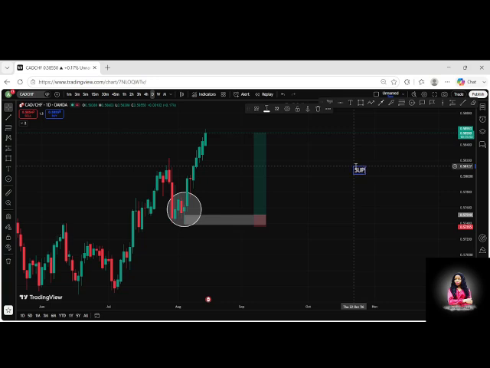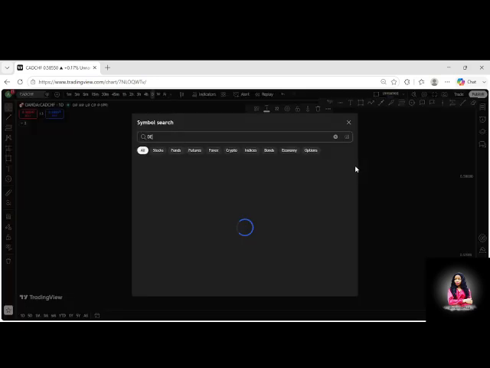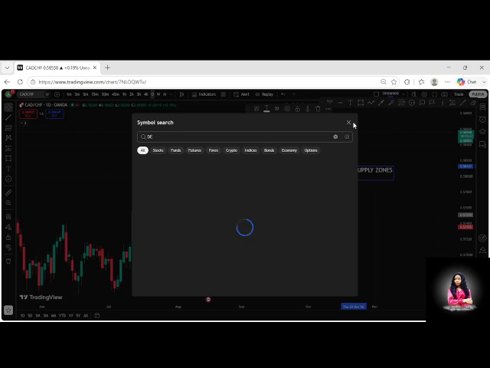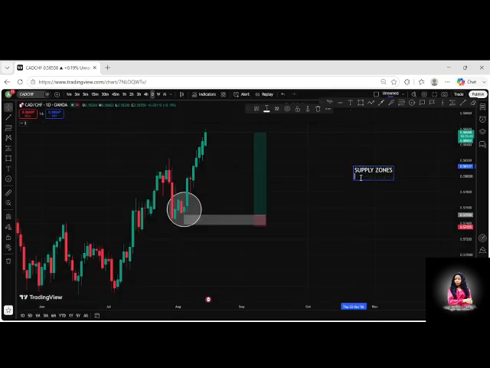The supply area, that's the supply zones, your demand zones, support level, resistance level, these 4 areas are key levels.